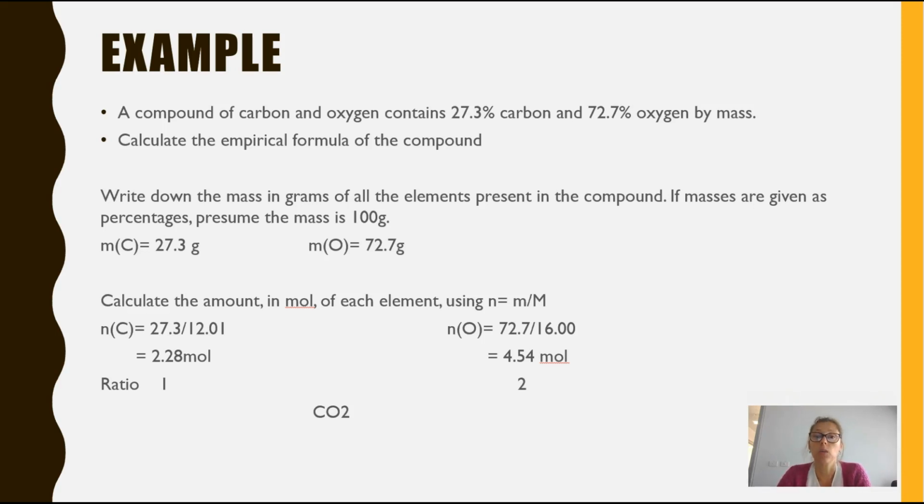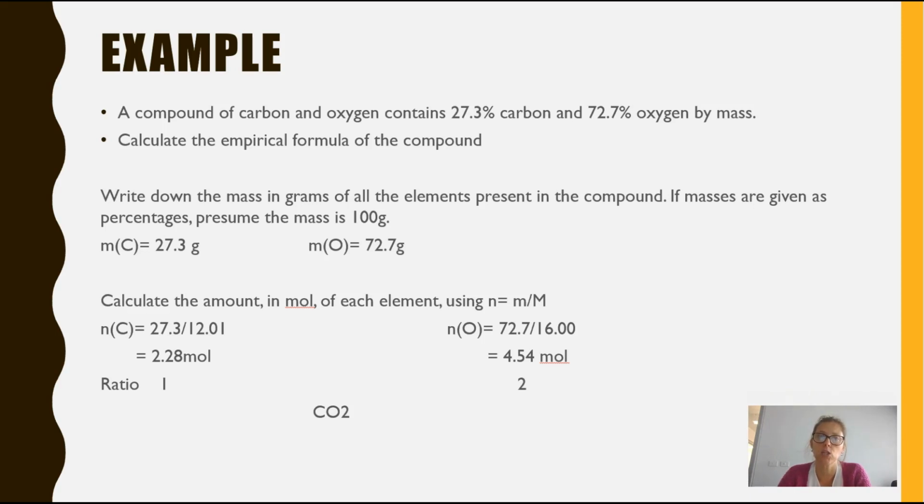Now how many moles of carbon have I got? I've got 27.3 grams present, and the molar mass for carbon is 12.01. So 27.3 divided by 12.01 gives us 2.28 moles. When I do this for oxygen, 72.7 divided by 16, we get 4.54 moles.